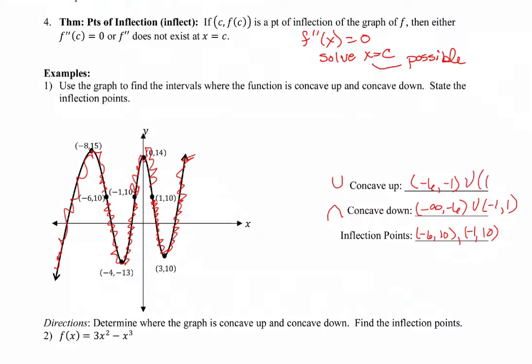So union 1 to infinity. And so I have another inflection point at 1. Notice that I only wrote the inflection points when I actually was changing concavity. I don't write them unless I'm changing concavity. All right? So now we're going to talk about how to determine inflection points.